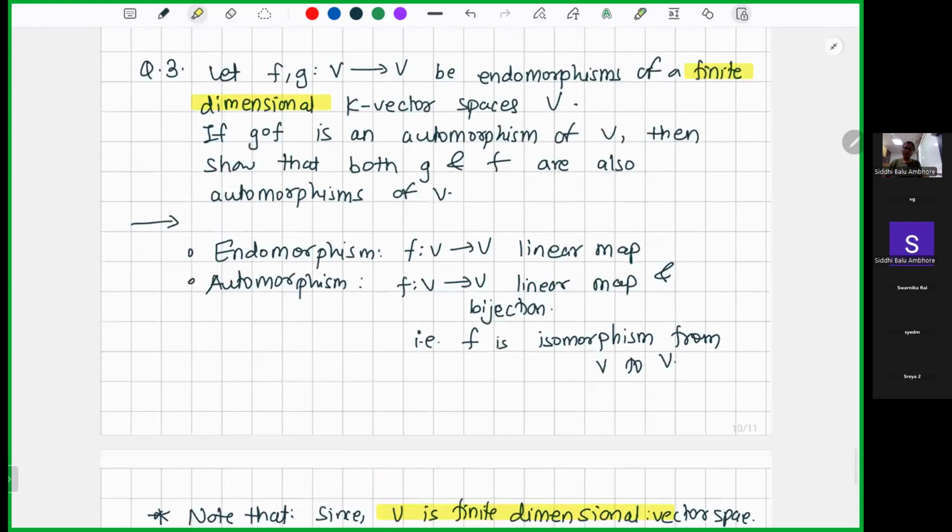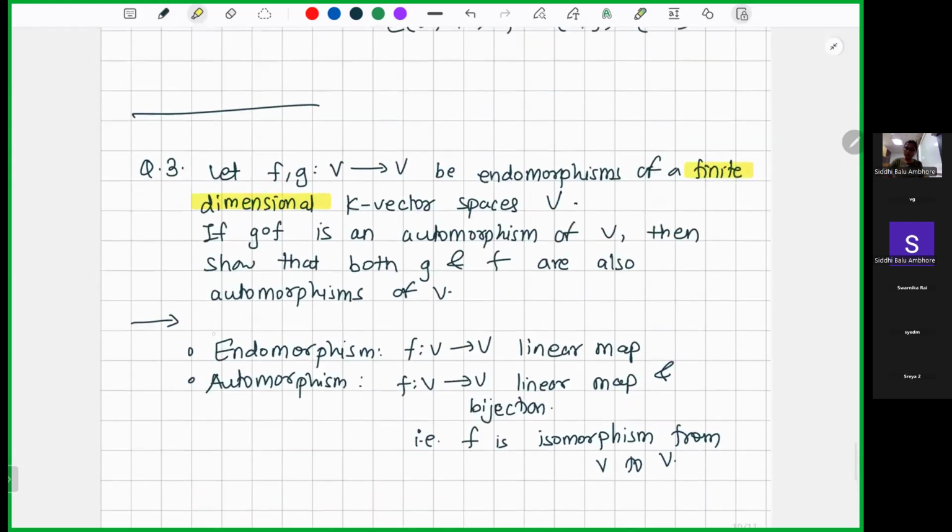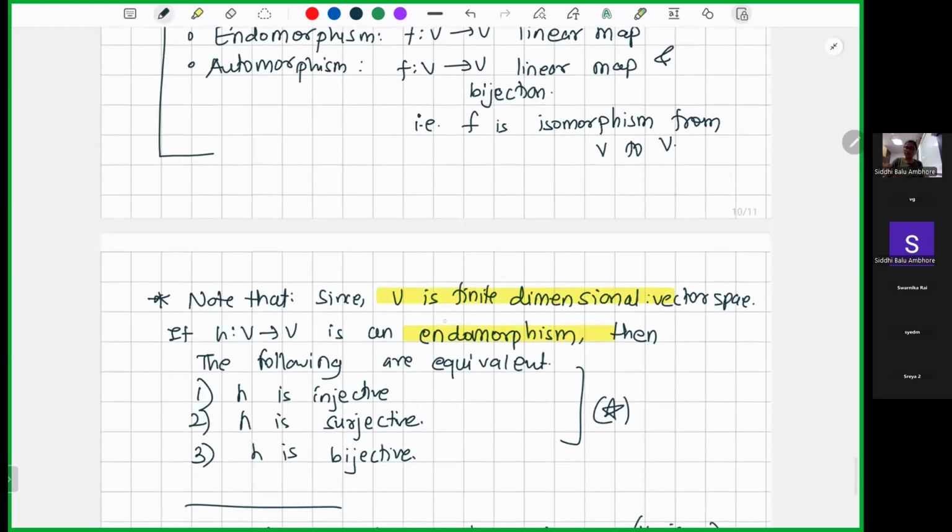But here V is finite dimensional, so these three are equivalent: if H is an endomorphism that is injective, then it is surjective, and then it is bijective.